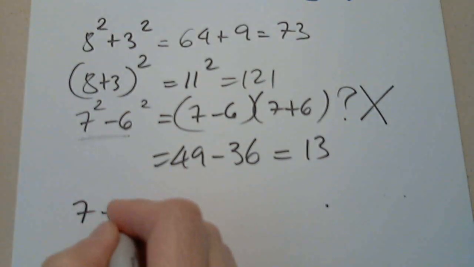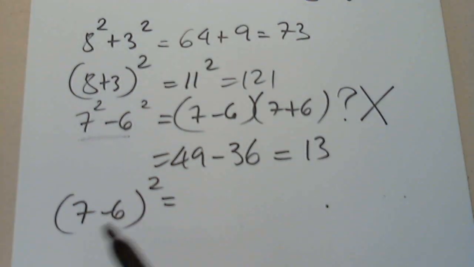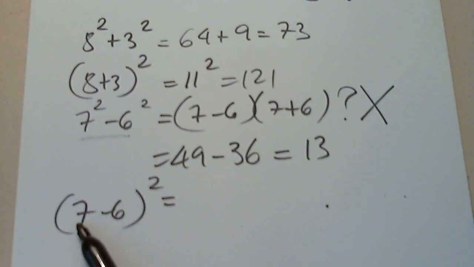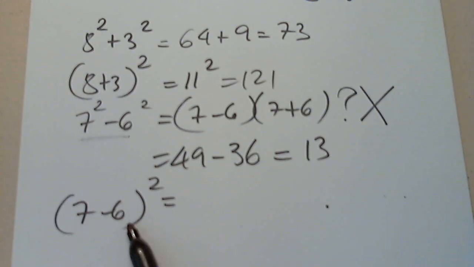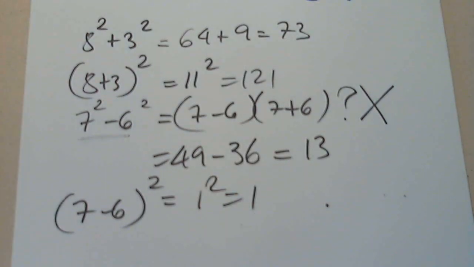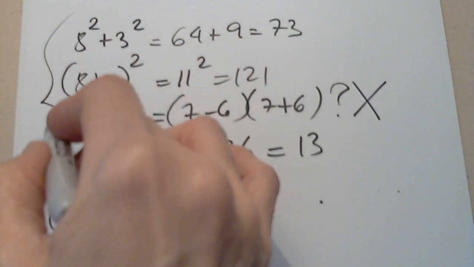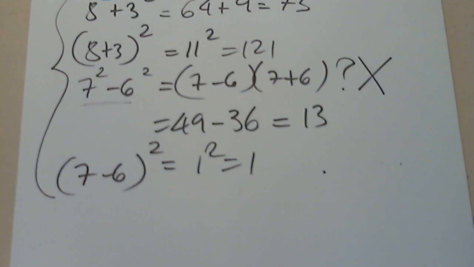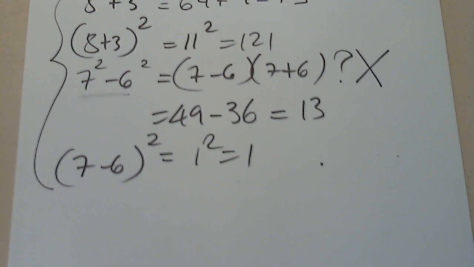Again, here with 7 minus 6, everything squared, I'm not going to use the special product, the first term squared minus 2 times the first times the second plus the second. No, no, no, no. Because 7 minus 6 is 1, and 1 squared is 1. But you're going to see something like this in practice, so I just wanted you to be aware of it.